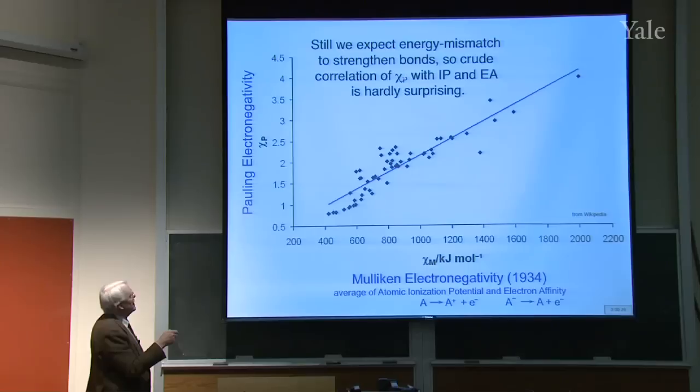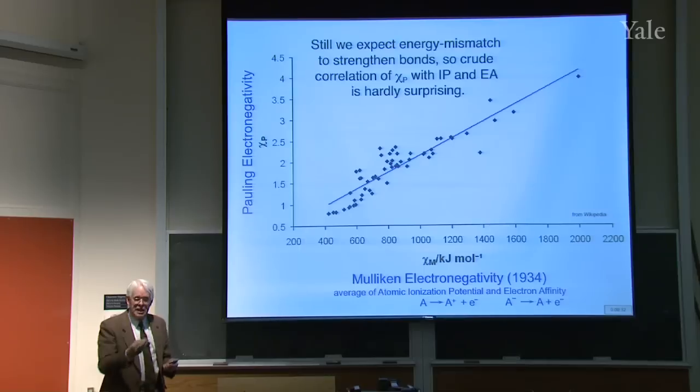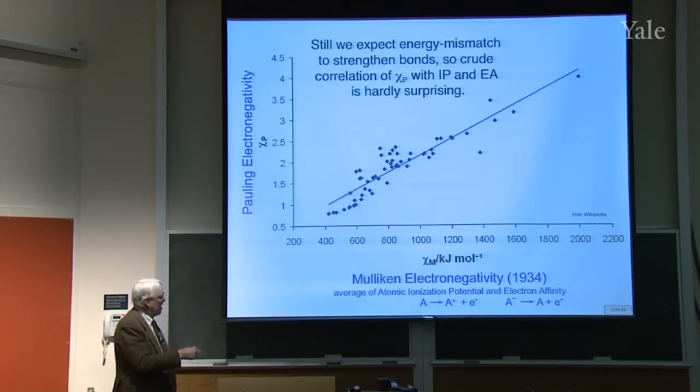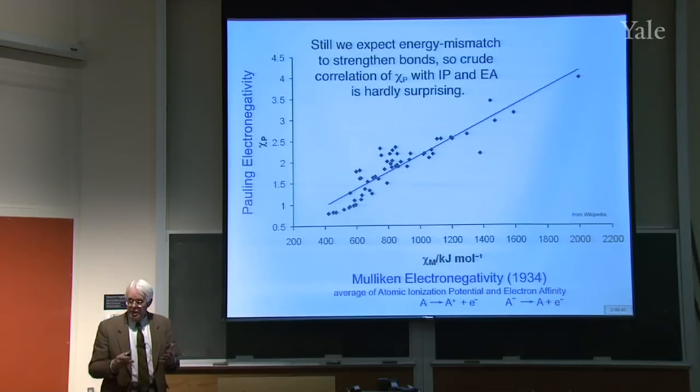So a crude correlation of the Pauling electronegativity scale plotted vertically with other measures of how tightly electrons are held, the orbital energy, for example, how much energy it takes to pull an electron away from an atom, or how much energy does it take to pull an electron away from a charged ion, right?